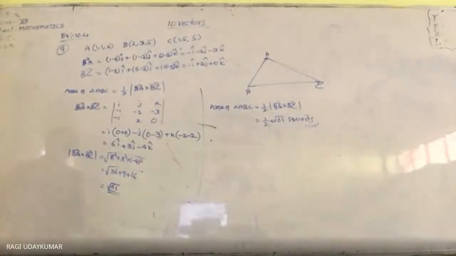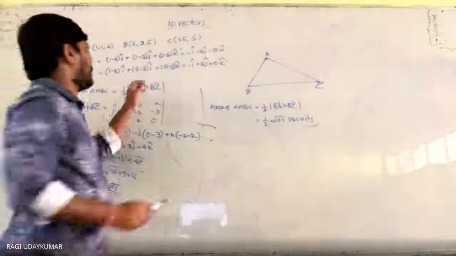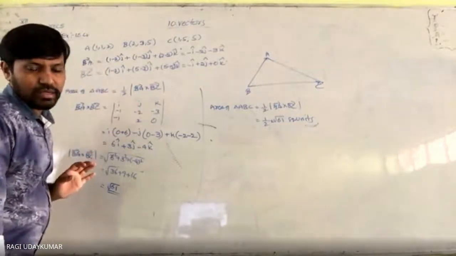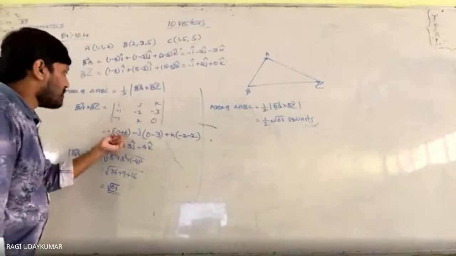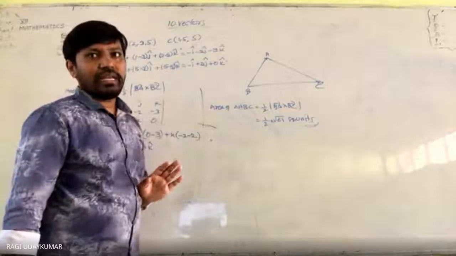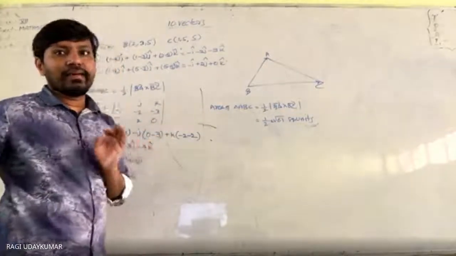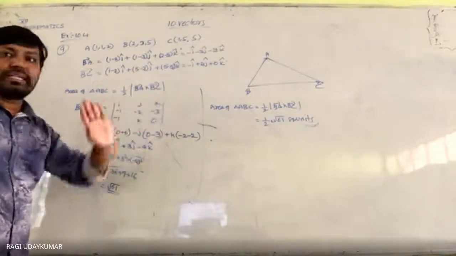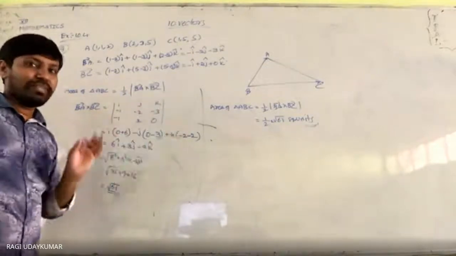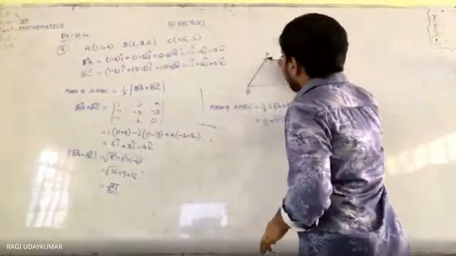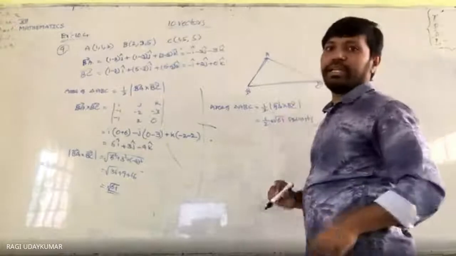Yes, sir. Suppose in case actually first, in the starting what we did is, in case AB cross BC, if you take also you will get the correct answer. The answer will come right because the difference you are going to find out, at last the area you are going to find out. At last, in case if you are taking the vectors like that also, AB cross BC, the answer will come the same, but the presentation is not at all correct because whenever you take the two adjacent side vectors, the direction should be taken into consideration.